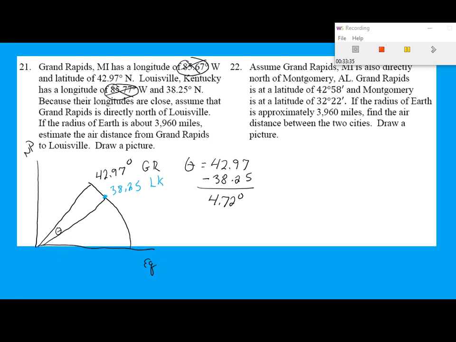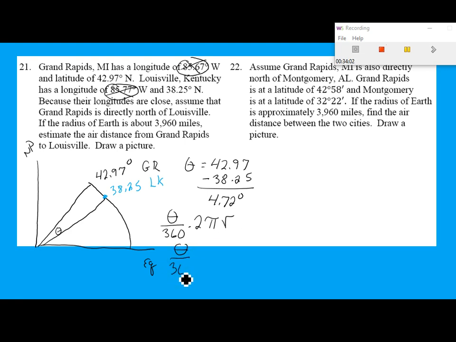I need to decide now, am I dealing with area or circumference? And since I'm looking for this distance right here, we're working with circumference. So I'm going to say theta over, and I'm in degrees, so 360, times 2 times pi times r. Now let's plug in those numbers.